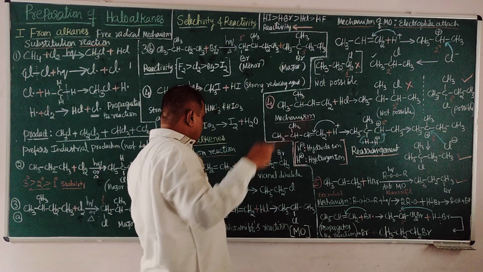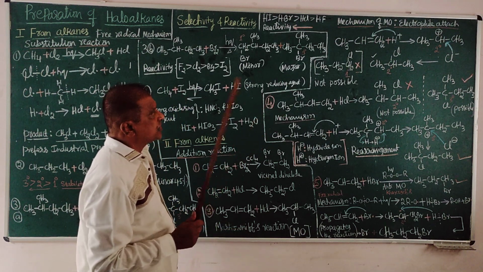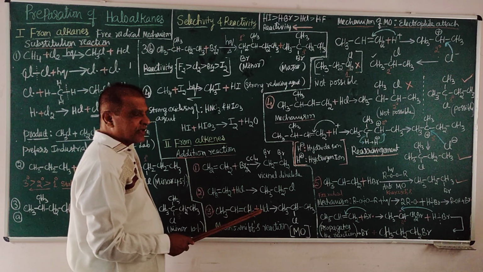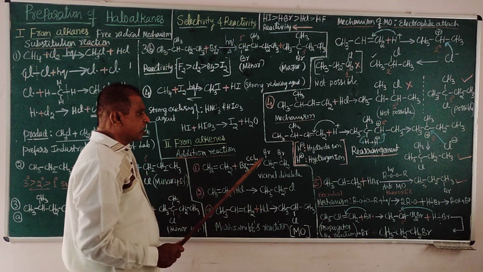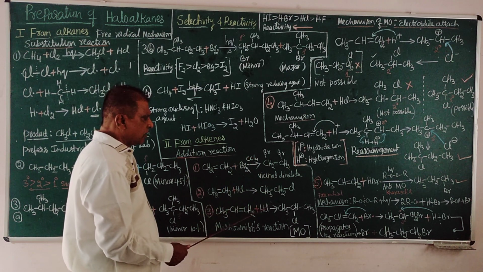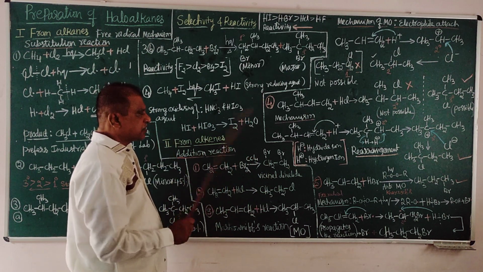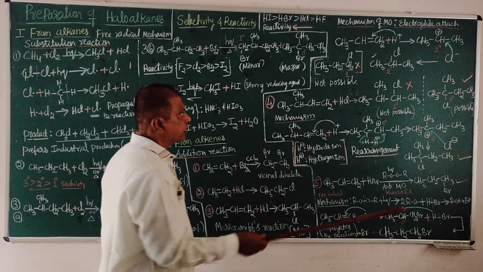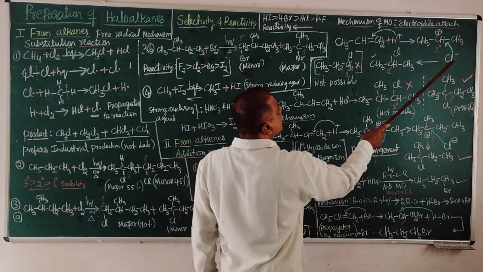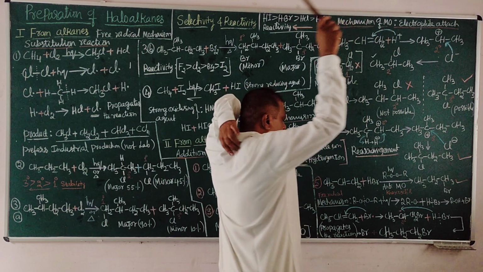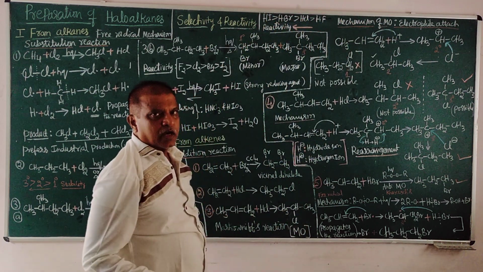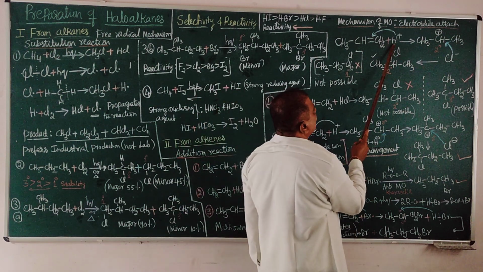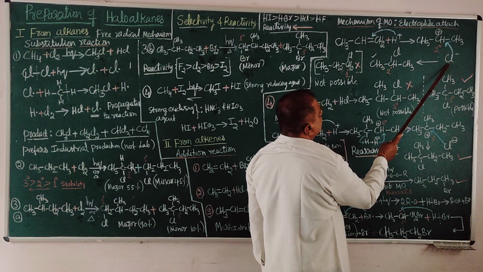The mechanism involved is electrophilic addition. First, HCl dissociates into H plus and Cl minus by unsymmetrical breaking of the chemical bond, with both bonding electrons transferred onto chlorine, giving Cl minus and H plus. H plus is the electrophile, and Cl minus is known as the nucleophile in organic chemistry.